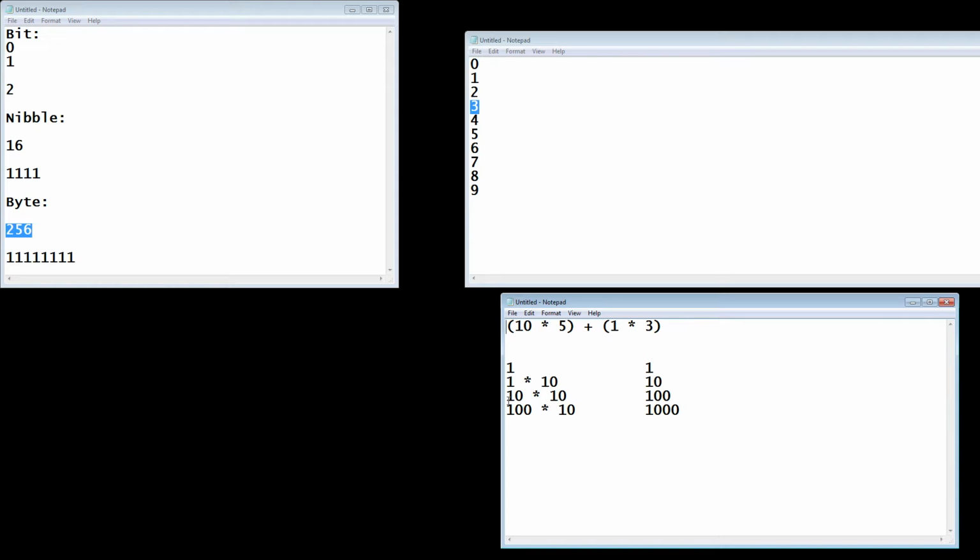And our next one here is going to be our 10 multiplied by 10, because we're taking a maximum value and we're multiplying it by the base's highest amount we can have. So 100.